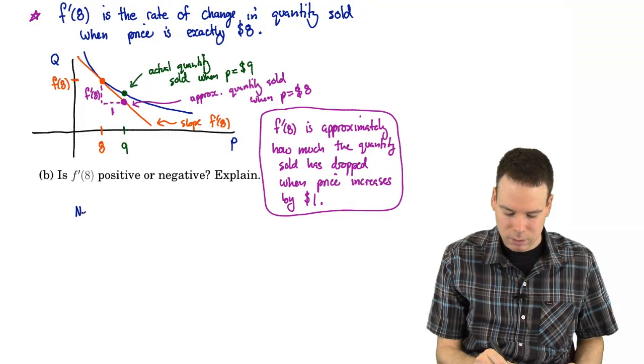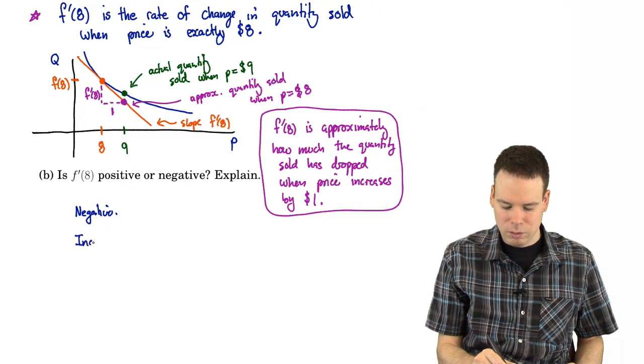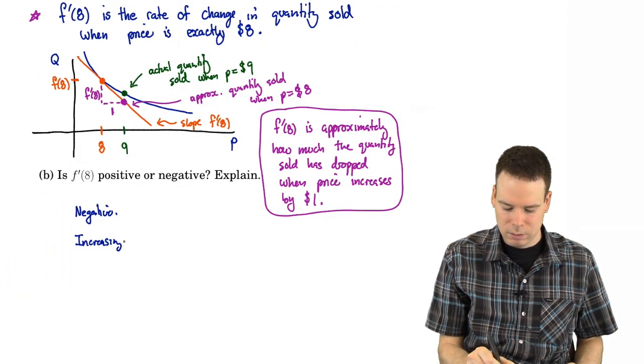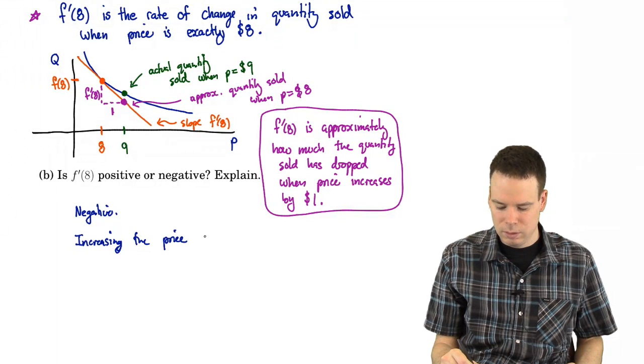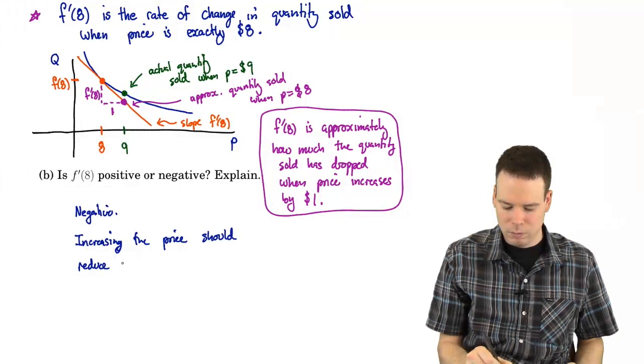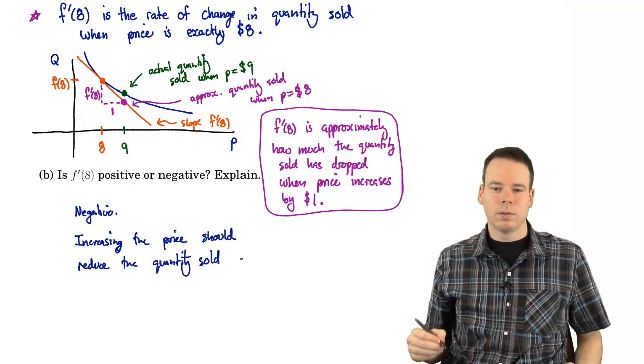So we expect it to be negative. Increasing the price should reduce the quantity sold. So we expect it to be negative.